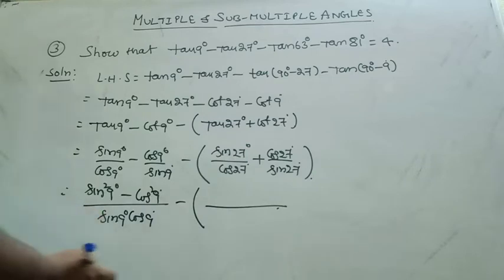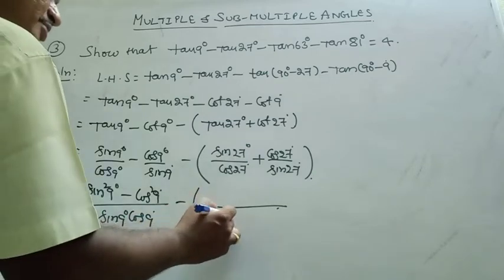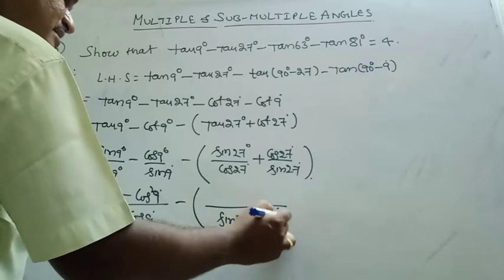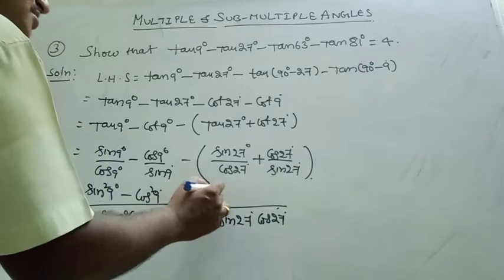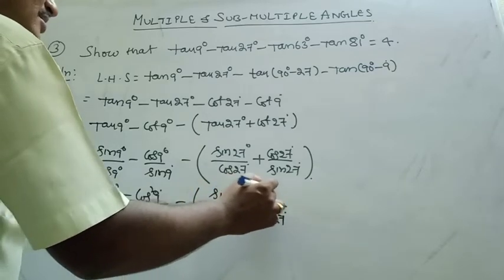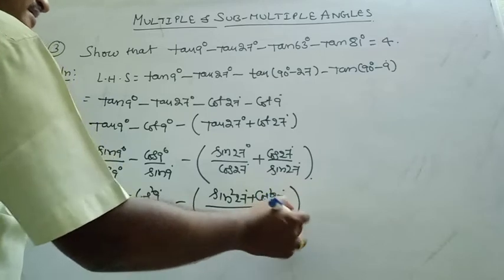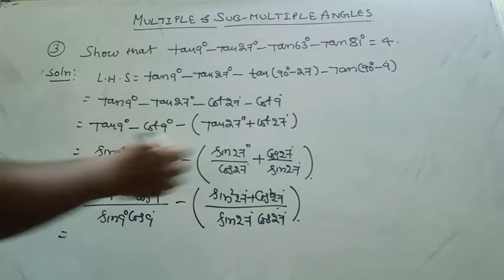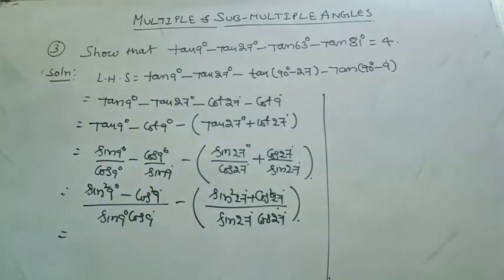If you take the LCM part here, what you are going to get is sin 27 degrees into cos 27 degrees, and then sin square 27 degrees plus cos square 27 degrees, like this. And we can write it as sin square 9 minus cos square 9.